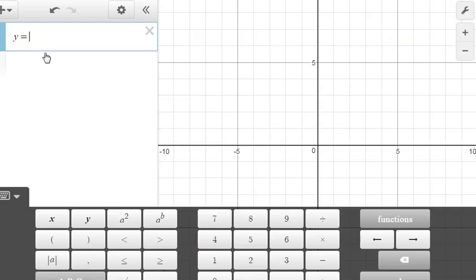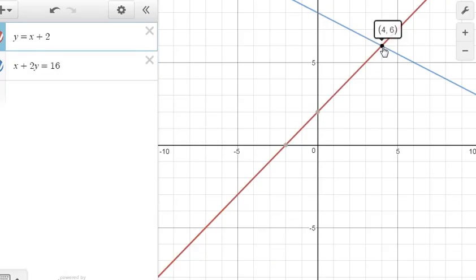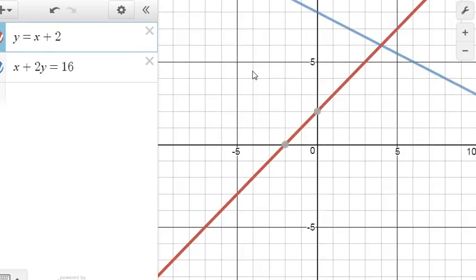So y equals x plus 2, and the other one was x plus 2y equals 16. Bingo. 4, 6. So nice. It's exactly what we would have expected. Two lines crossing each other.